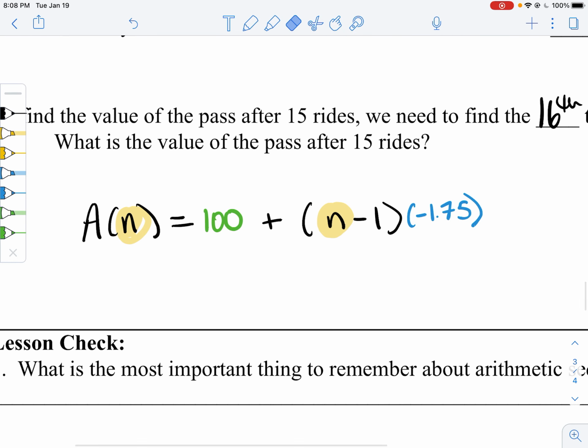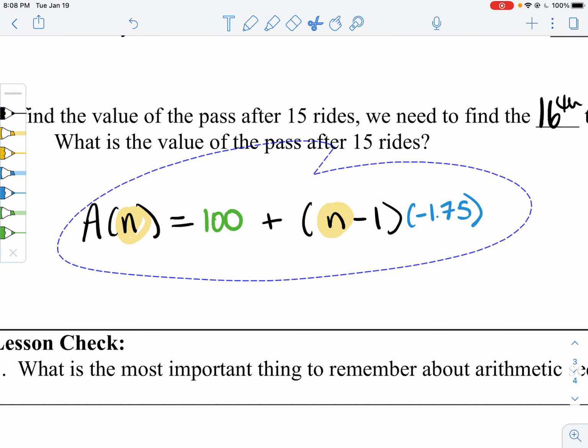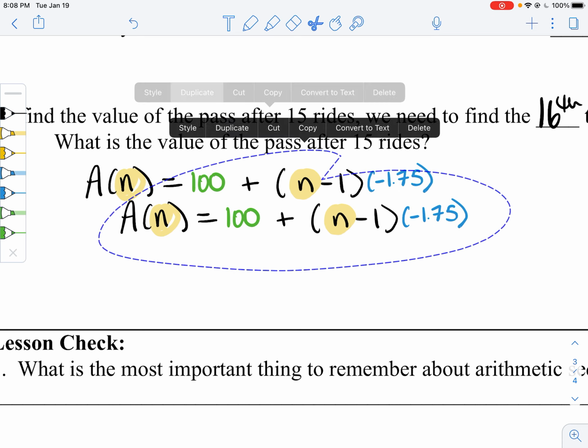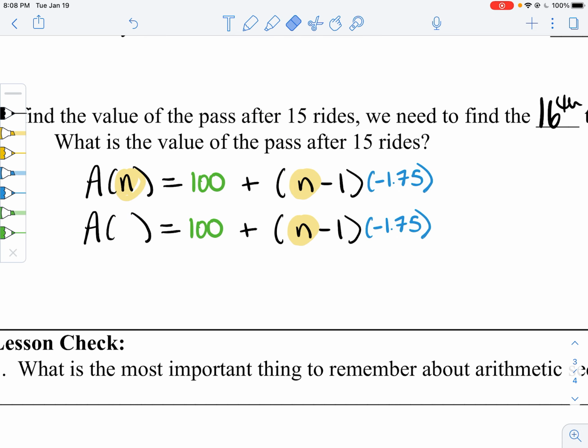Okay, well, let's plug it in, shall we? So this says that a, not of n, but of 16, a of 16 is 100 plus 16 minus 1 times negative 1.75. Well, I'm no expert, but I know that 16 minus 1 is 15, and 15 times negative 1.75 is negative 26.25.